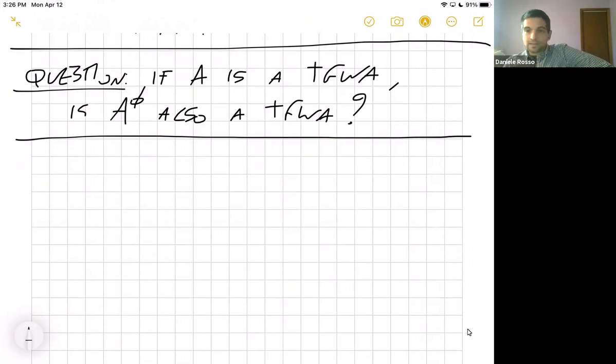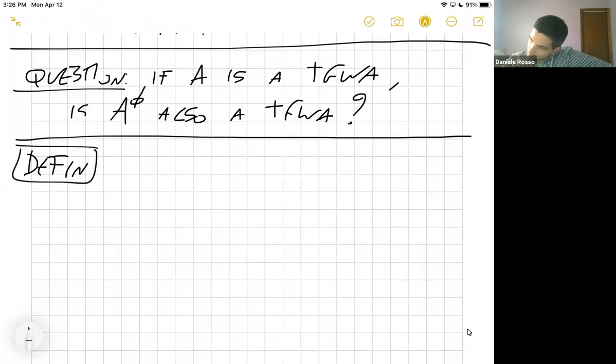The first thing that I want to focus on is a certain kind of TGWAs called K-finitistic. So first I want to tell you what these are. Definition: A is a TGWA.